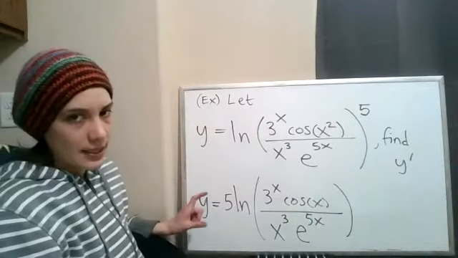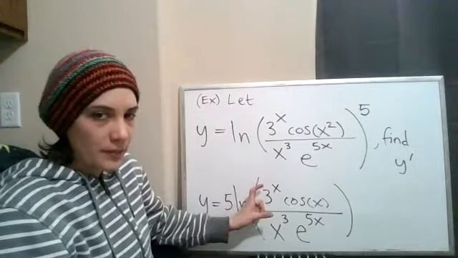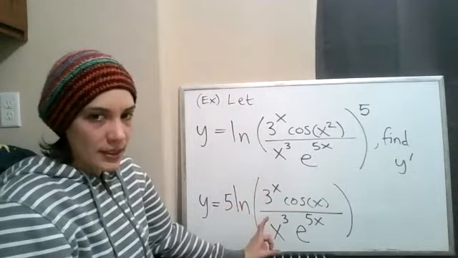I'm going to do this in steps. So 5 multiplied by ln of what's in the numerator, and then subtract ln of what's in that denominator.